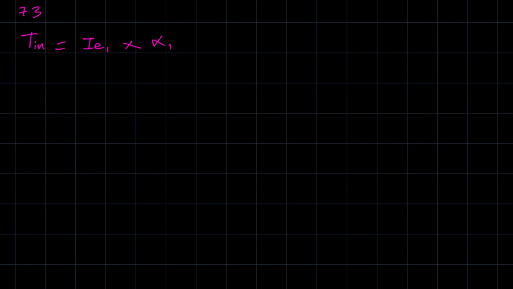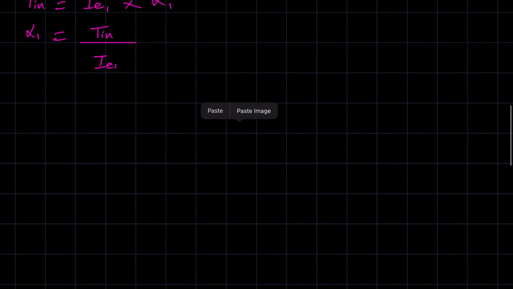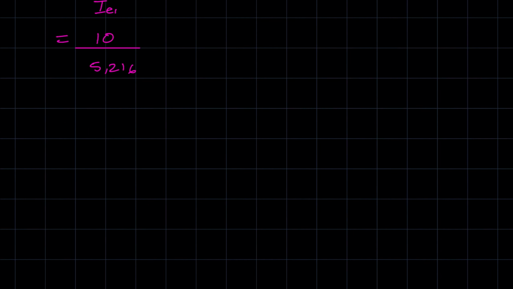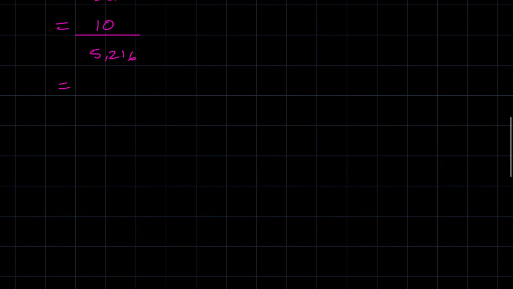So the angular acceleration is equal to the input torque divided by IE1. The torque has been given, it is 10 Newton meters, divided by IE1, which is 5.216. If you punch that in your calculators, we get 1.917 radians per second squared.